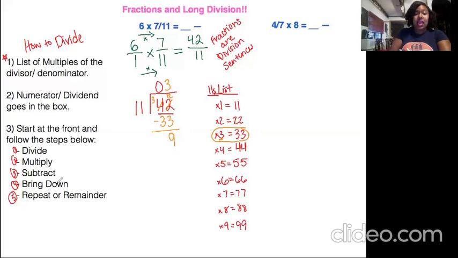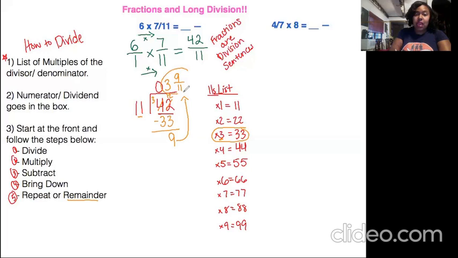So I've got 9. Now the next step says bring down. Well, there's nothing over here for me to bring down. So if I can't bring down, I need to do a remainder, all right? Now, we talked about this in class. When you have a remainder and we're dealing with fractions, you're just going to bring it up, and you're going to put the remainder as the numerator, and then you keep that same denominator, which was 11, right?